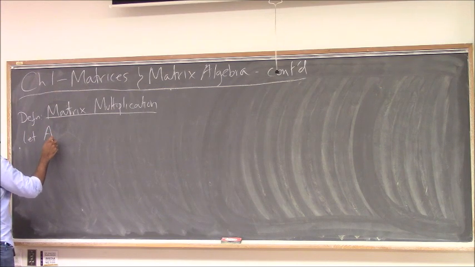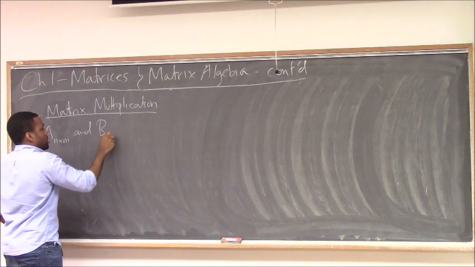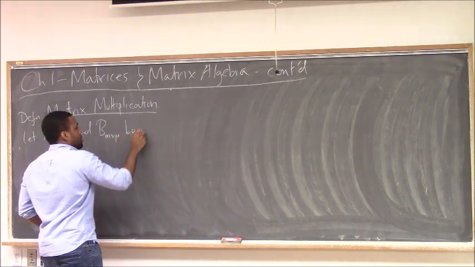So, let A and B be matrices, A being n by m and B being m by p.